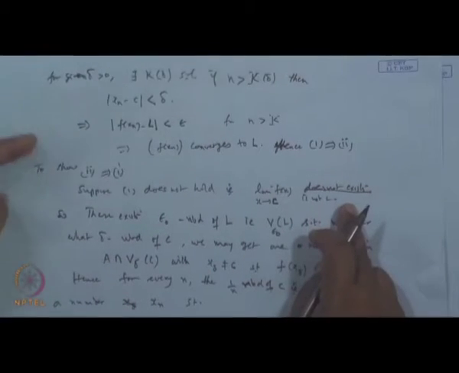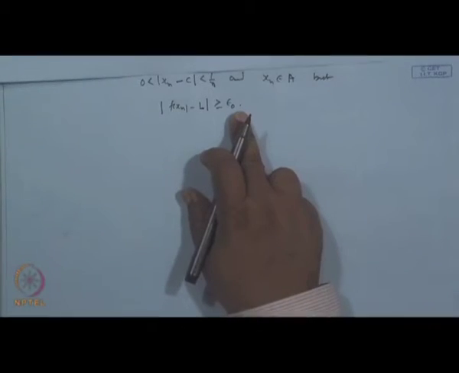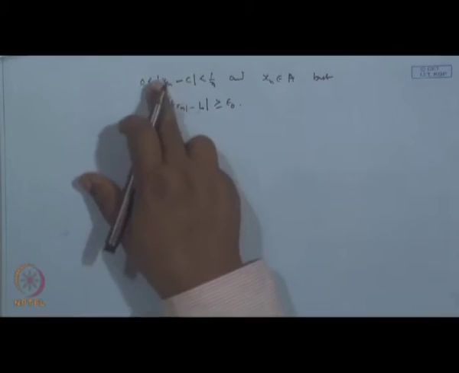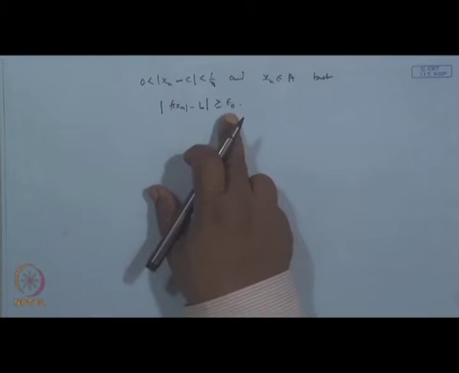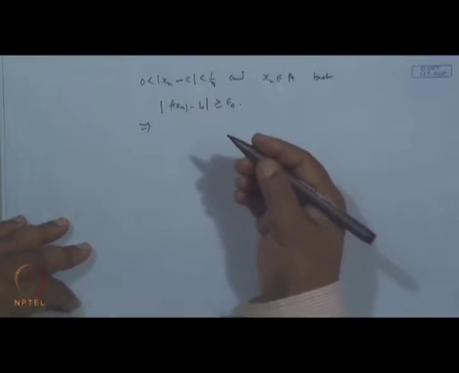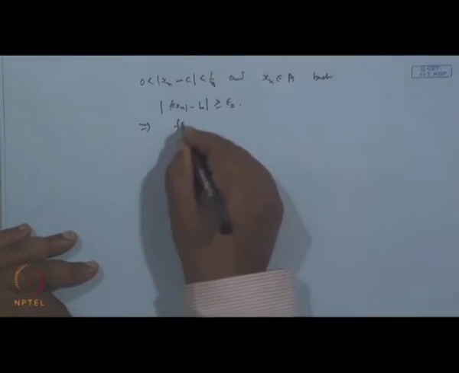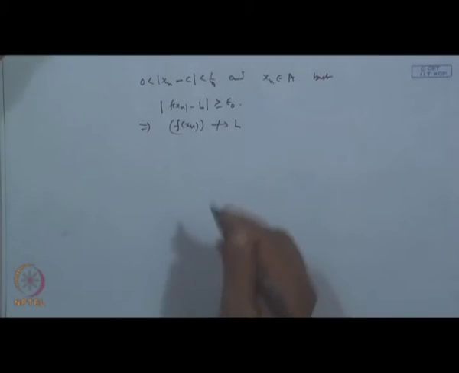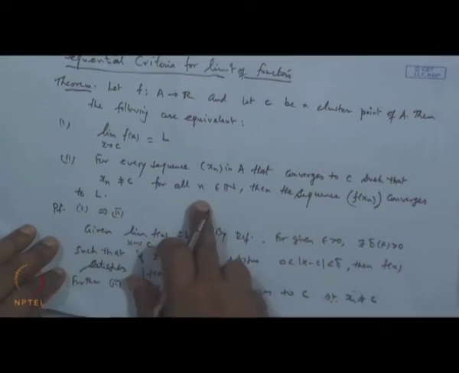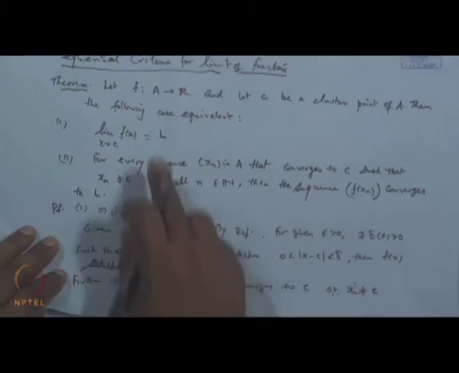So, this not holding means there exists an epsilon naught neighborhood of L such that whatever delta neighborhood of C we choose, there will exist one point x_n whose image will not fall within the epsilon neighborhood of L. That is why this implies that f(x_n) will not converge to L. But this is a contradiction, because this contradicts the second assumption, which says that for every sequence x_n that converges to C, the sequence f(x_n) converges to L. This we are assuming, and we wanted to prove 1.